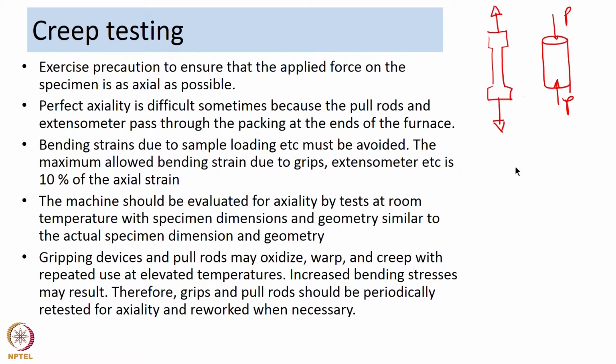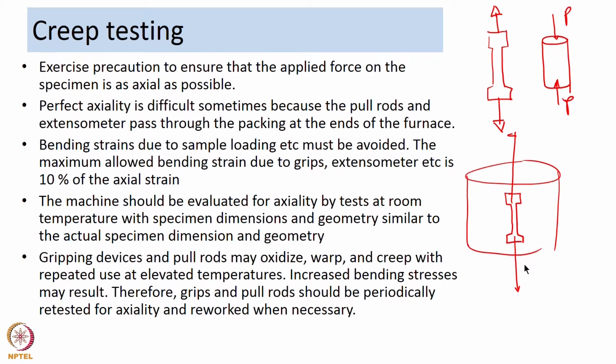So, say this is your sample and then you have a furnace around your sample. Your sample is inside the furnace and then this is connected to a pull rod. For the sake of insulation you are going to pack some materials around the pull rod, so that the heat losses that the sample and the pull rods experience are minimized.